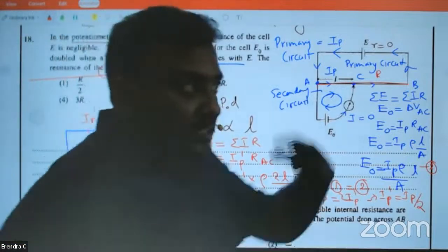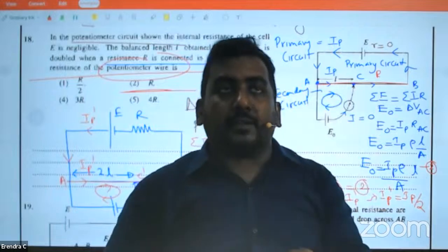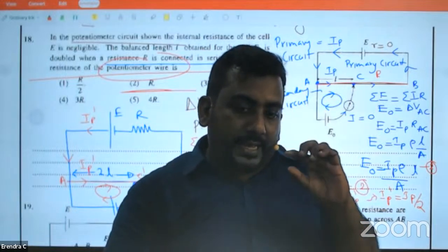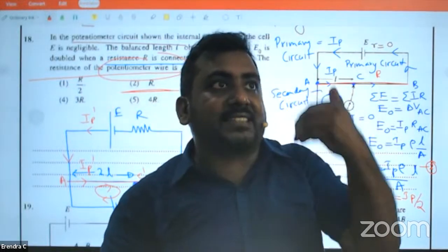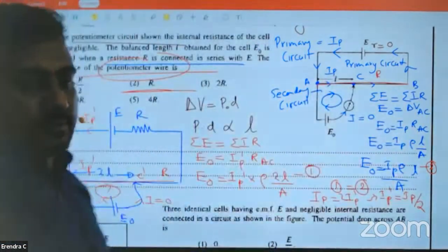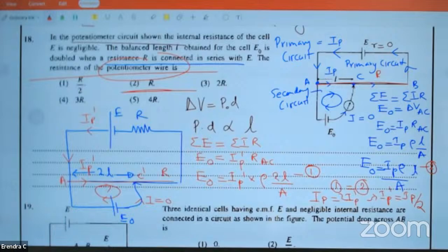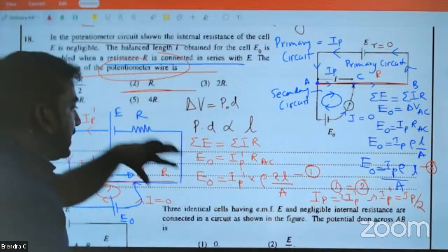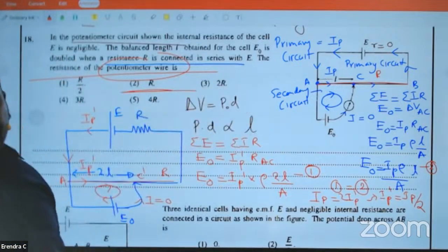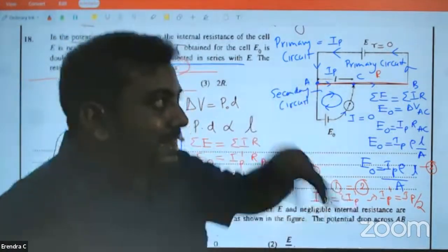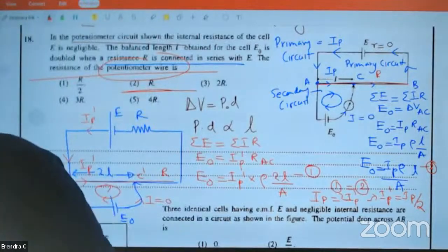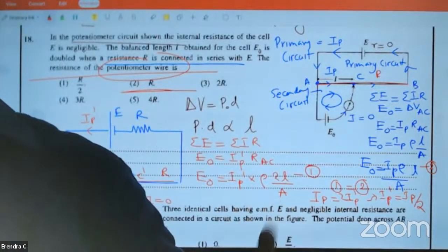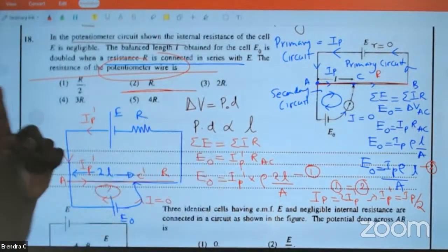Right there, point form, first one. When we put a resistor R in series, the length has doubled. The length has doubled means the current in the primary circuit has become half.